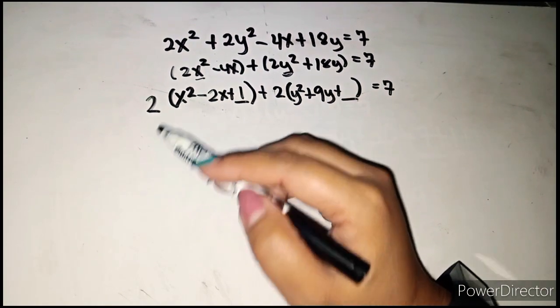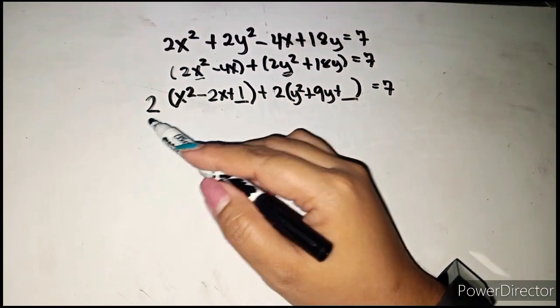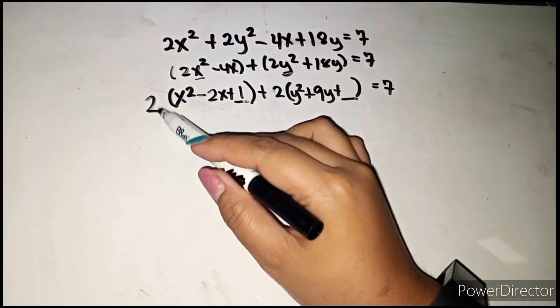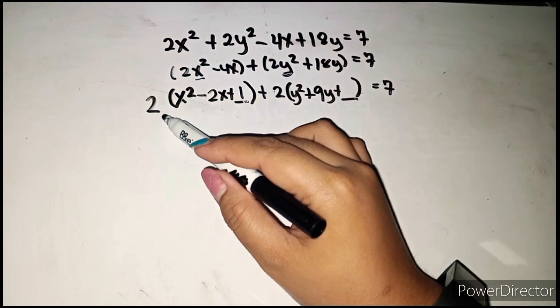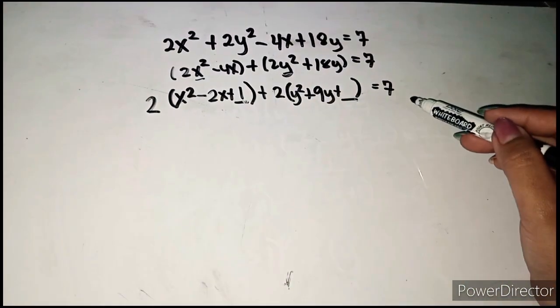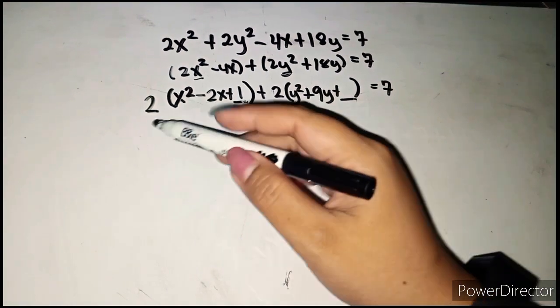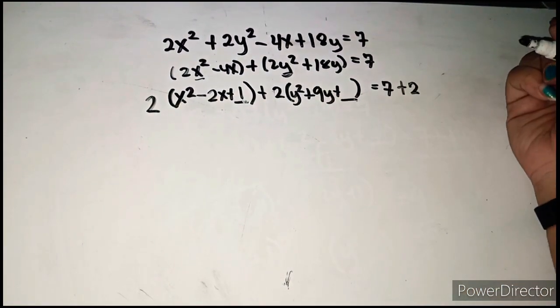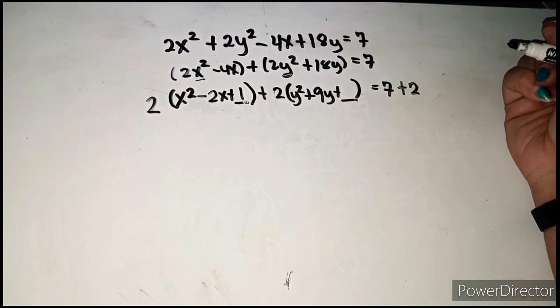So, anong gagawin natin sa dalawa? We need to multiply the third term and yung number na finactor out natin, and then the product, yun yung ating i-add dito. So, 1 times 2 is equal to 2.